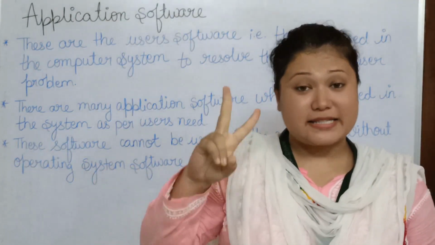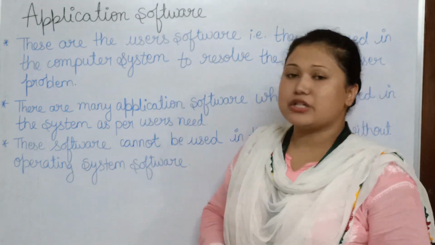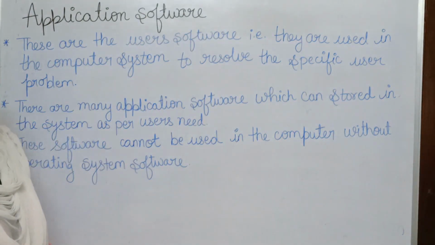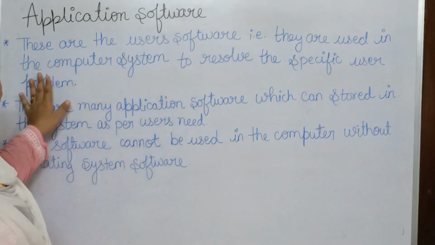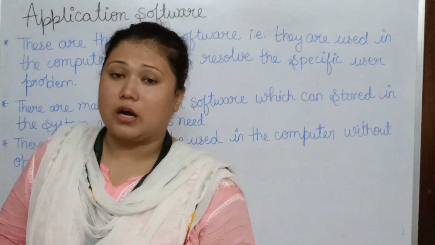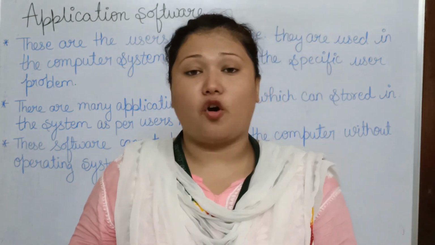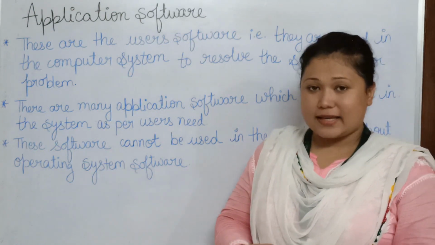Now, the second most important software is application software. These are user software. That means they are used in the computer system to resolve any specific kind of task for the users. Let's take an example.